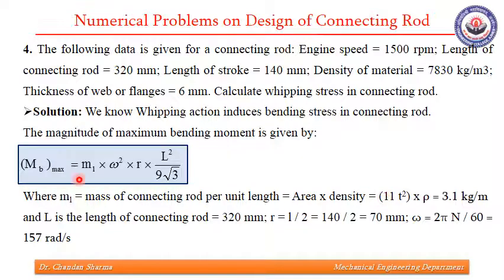So m1, which is mass of connecting rod per unit length, comes out to be 3.1 kilogram per meter.